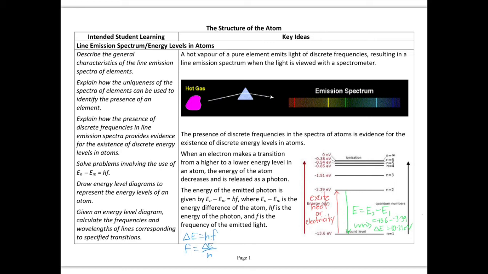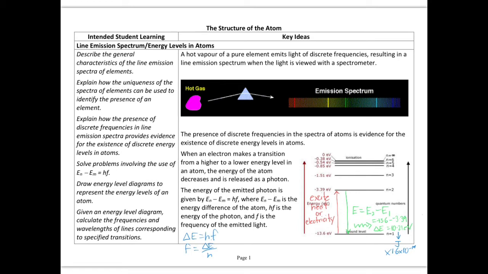So we could work out the frequency of that photon. One thing we do need to do before we do that is that the energy is in electron volts, so we need to convert that into joules. Remember, we do that by multiplying by 1.6 times 10 to the minus 19.